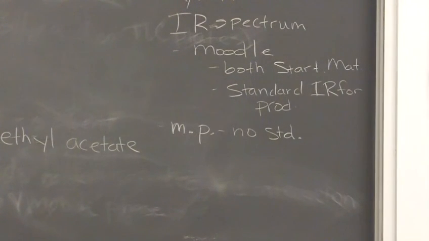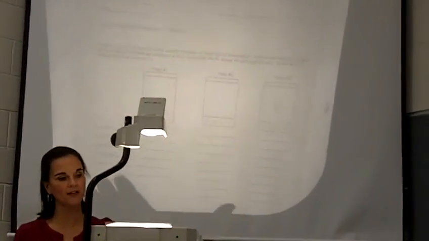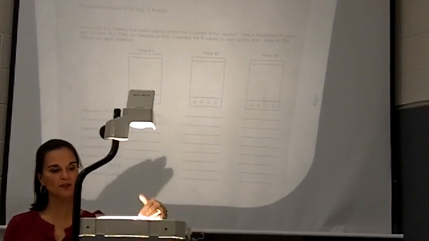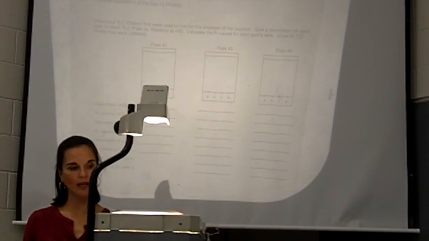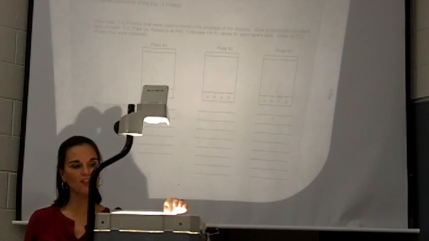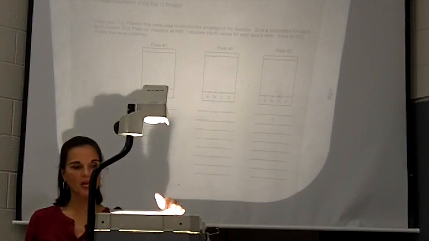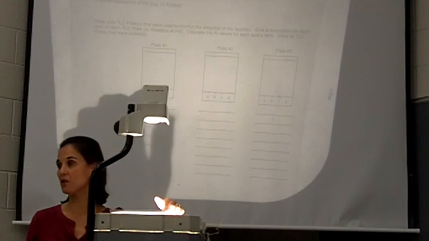Experiment 12 is like experiments 4 and 6, so there's a report form to fill out. You're going to give all your information, including the structure of the experiment 12 product. You're going to reproduce your TLC plates on this form. For the description of the spot, tell me what that spot is. Is it the starting material standard?